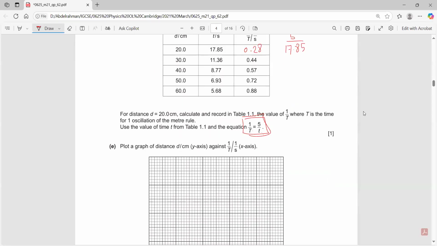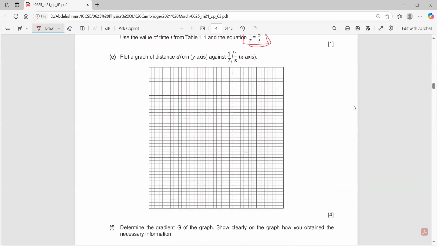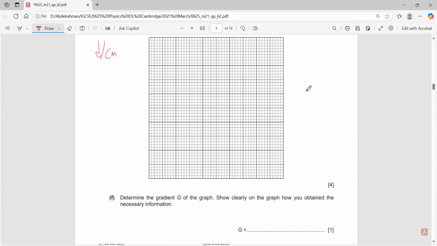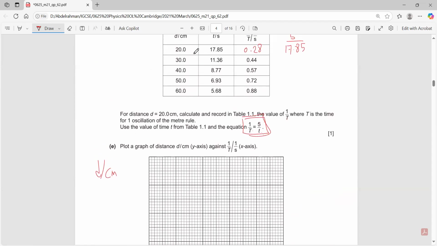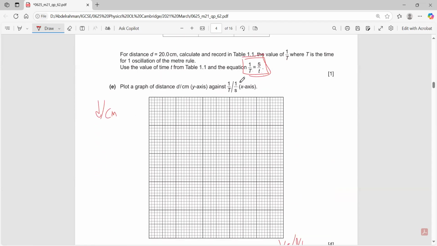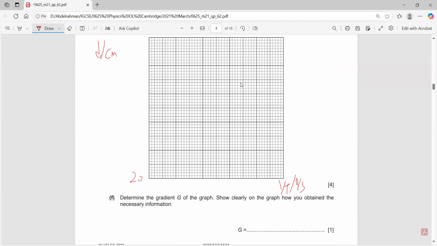Okay, now I need to plot a graph. d in centimeters on the y-axis, and 1 over T in 1 per second on the x-axis. For the distance, first of all, we have 20, 30, 40, 50, 60.